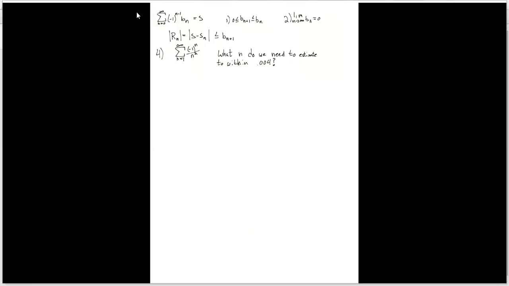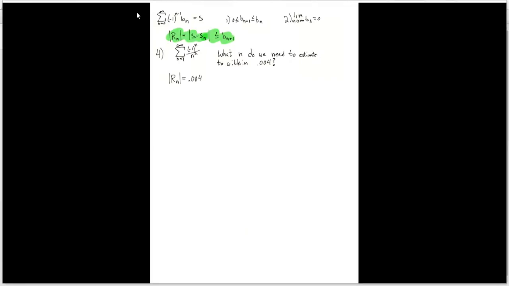So using the above relationship that we've got here, we can find this out. So we know that our remainder here is equal to 0.004, right?